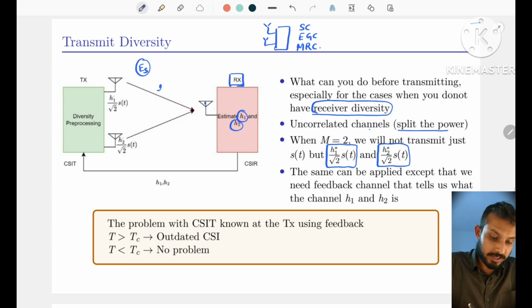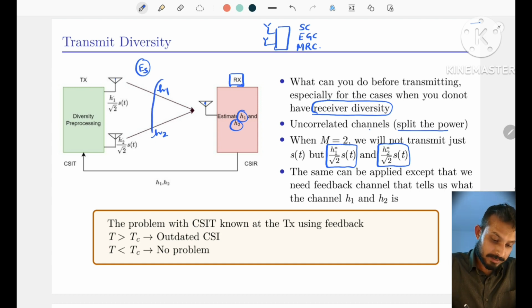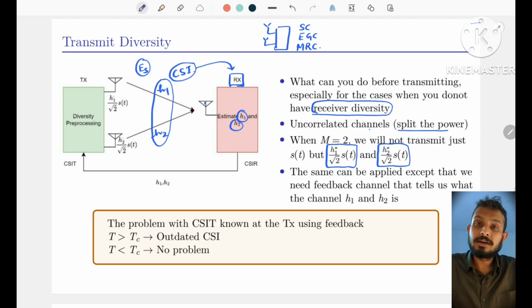So we have the channel corresponding to this branch as h1, and then we have here h2. This is known as the channel state information. We need to estimate this channel state information at the receiver. And when this channel state information is available at the receiver, we represent it by CSIR, that means channel state information at receiver.